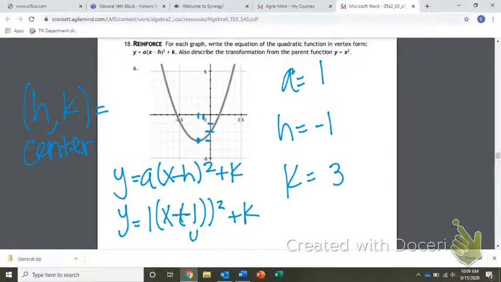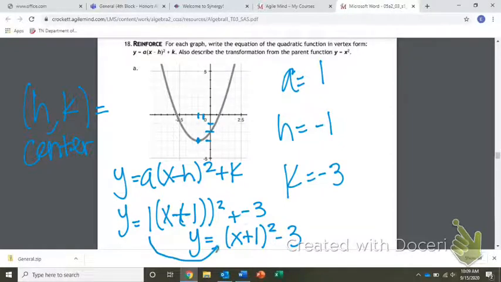So now I have y equals x plus 1 squared minus 3. And it is negative 3 because it's going down 3. Now, why did I not write this 1 right here? I don't really have to. Okay, it's just 1. So this would be my answer.